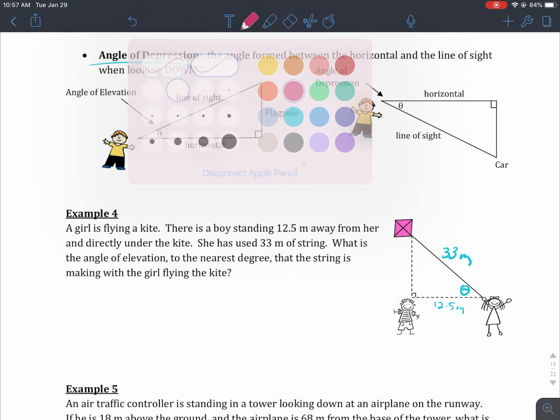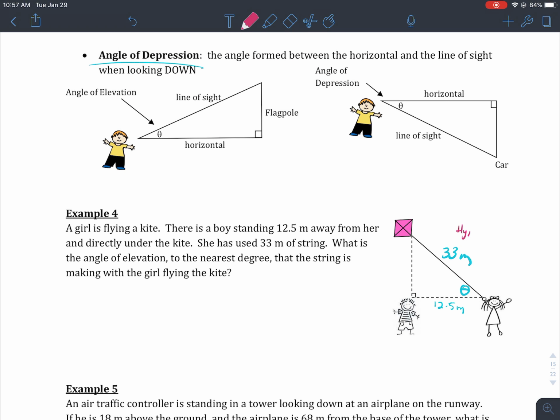All right, so if we label this triangle, I've got a hypotenuse, I've got an adjacent. We're using cosine, so the cosine of theta is equal to the adjacent side over the hypotenuse. Fill in everything. Cosine theta is equal to 12.5 divided by 33.